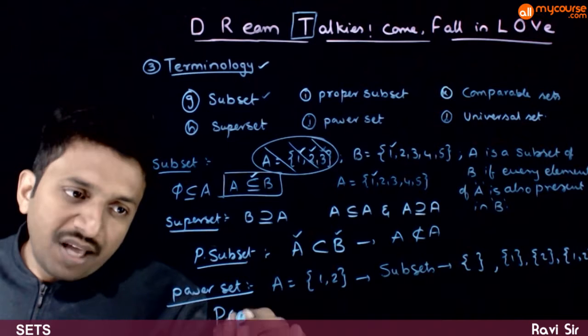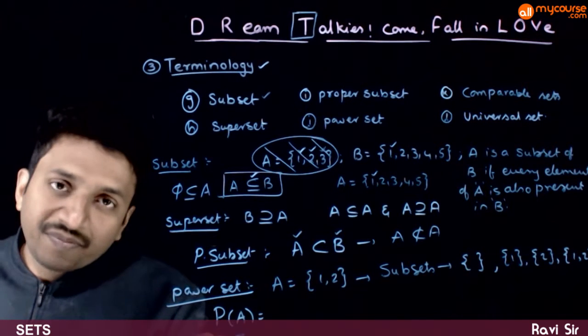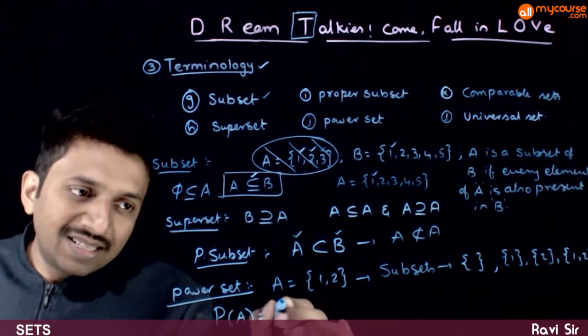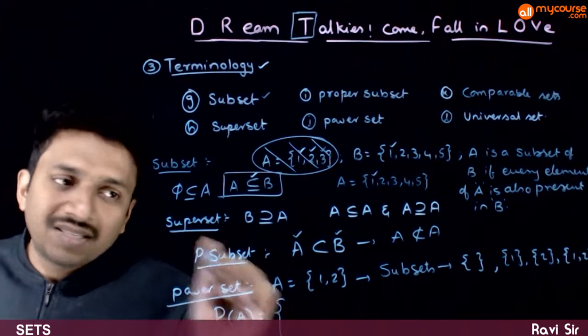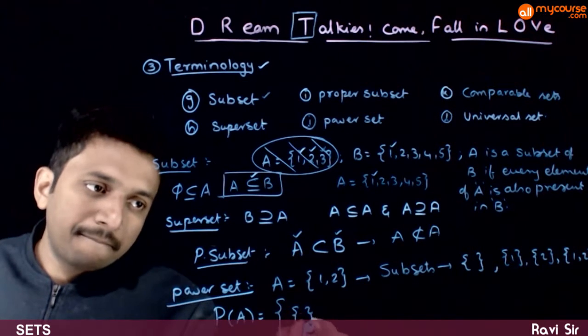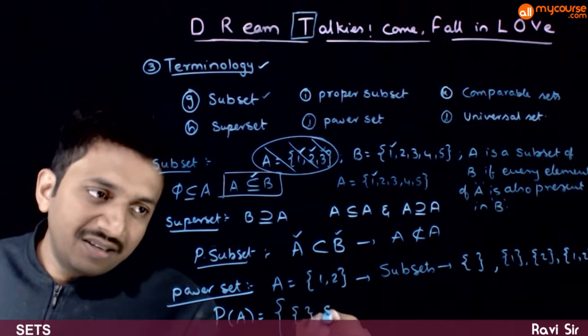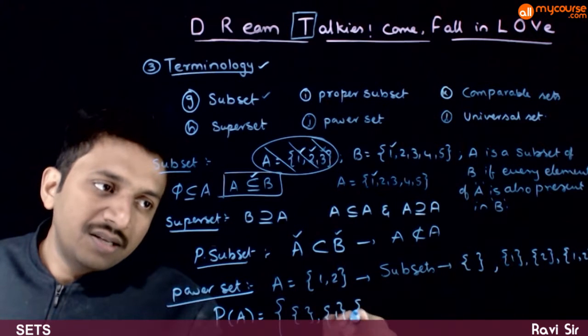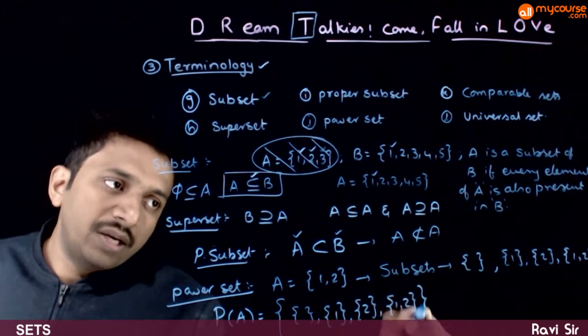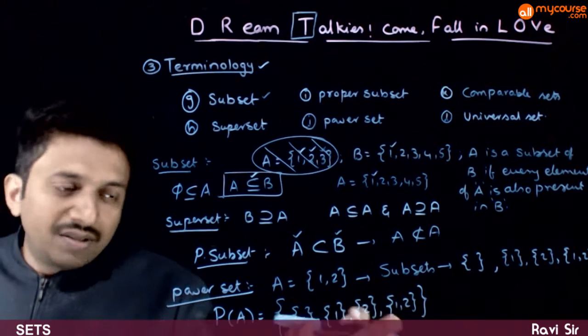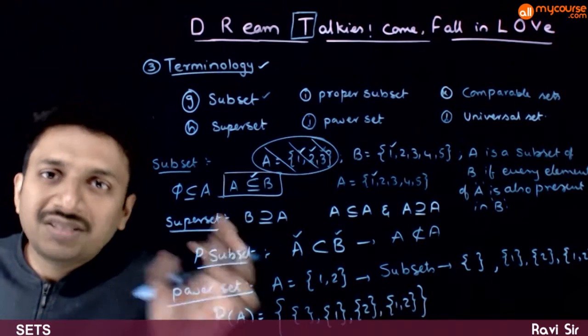Power set of A, P of A, is nothing but a set containing all the subsets of the set A. Empty set, {1}, {2}, {1, 2}. So this is called the power set of A.